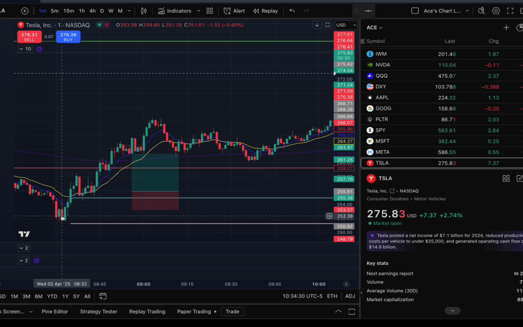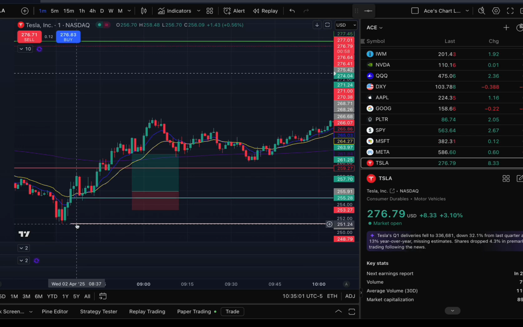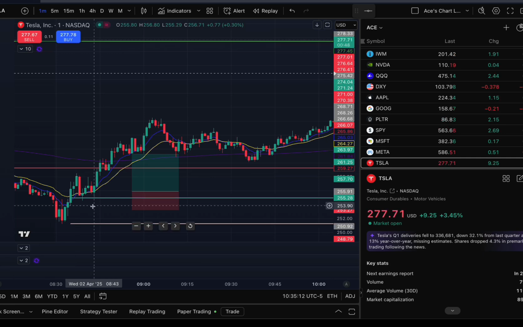So I want to mark the high after opening of the first 5 minutes, and I want to mark the lowest price that the stock went to within the first 5 minutes. So the highest price point and the lowest price point within the first 5 minutes. And that's what you see here. All right, the high and the low.